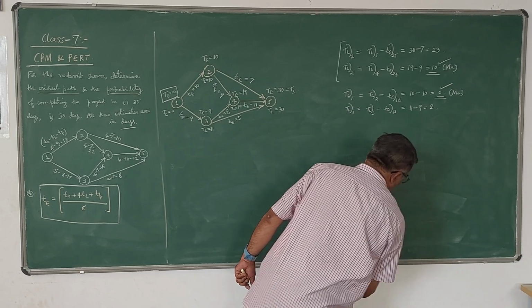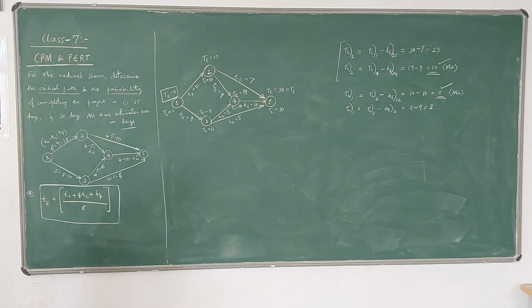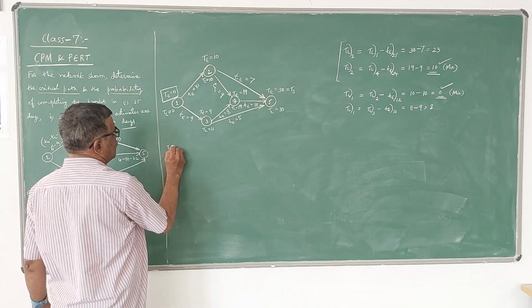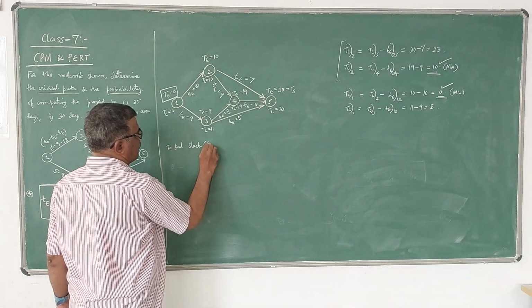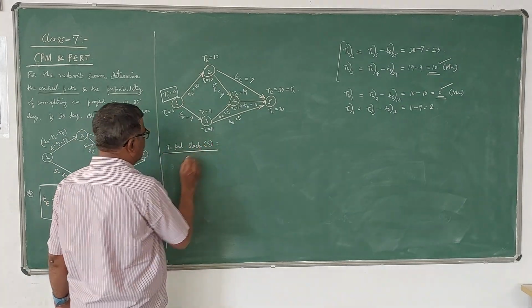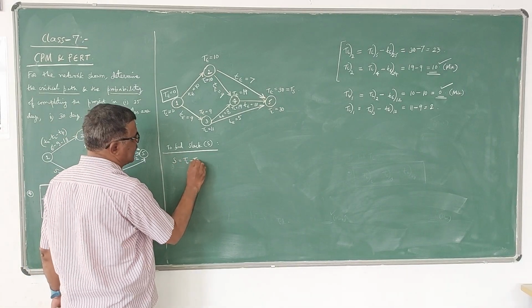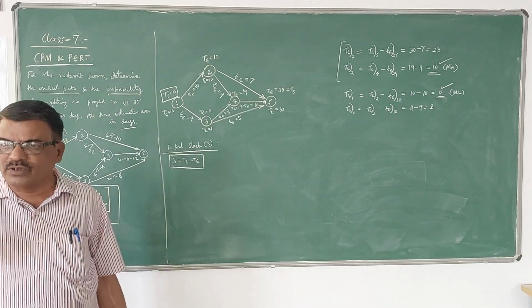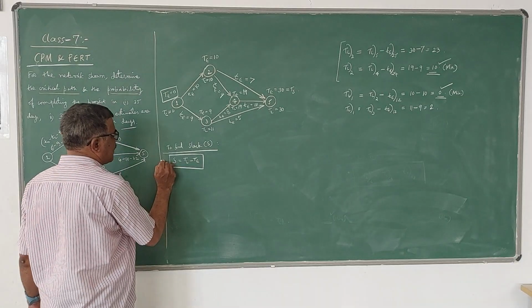So slack is equal to TL minus TE, that is the fourth step, to find slack for each event. Critical path is the one which has zero slack or most negative slack. So this is the fourth formula we are using.